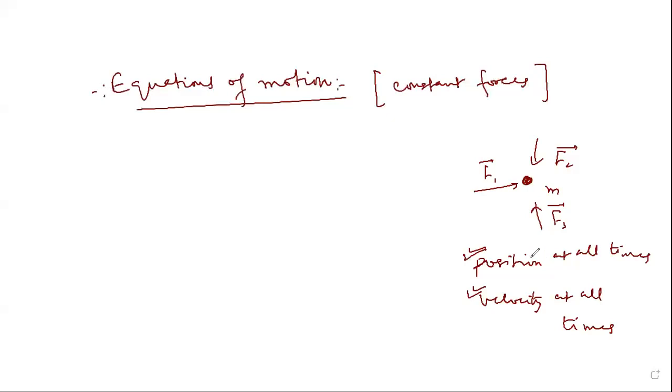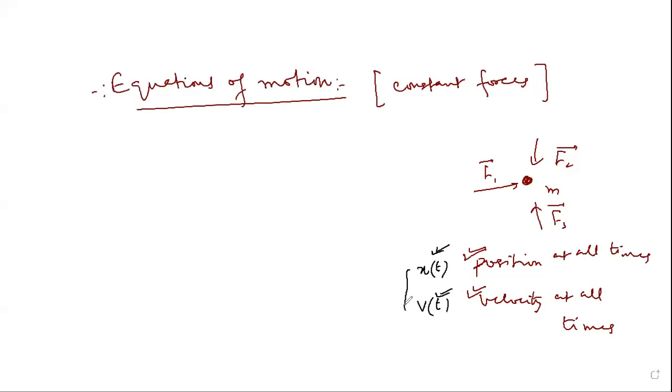Now in one dimension, position we represent by x. So we need to find x of t, the function which gives the position of the particle at all times, the position time function. Similarly, we need to find v of t, where v is the velocity of the particle, and v of t is that function which gives us the velocity of the particle under consideration at all times.